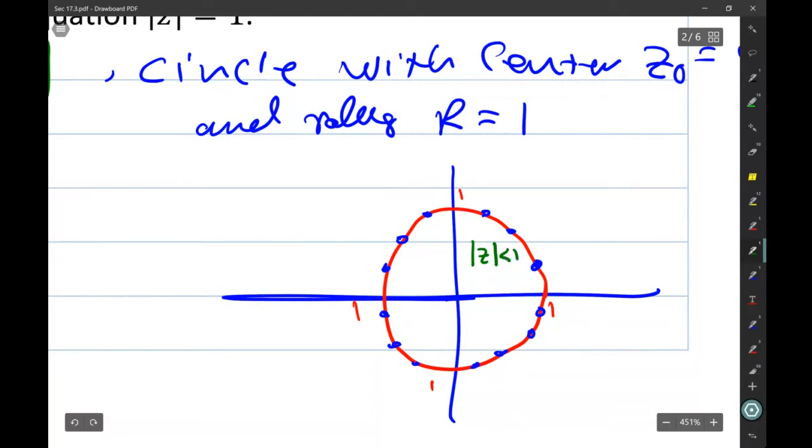Modulus z less than 1, which is inside the circle. On the boundary of the circle, modulus z is equal to 1. Outside the circle, modulus z is greater than 1.